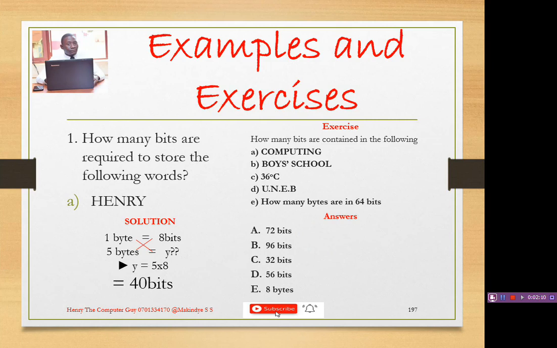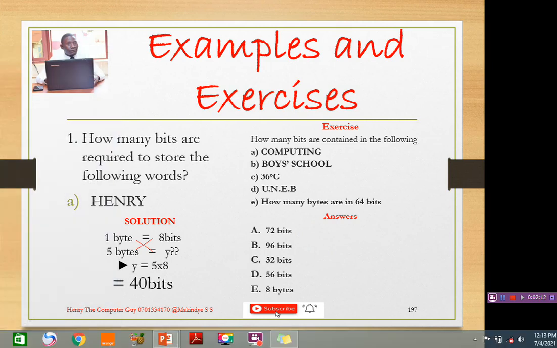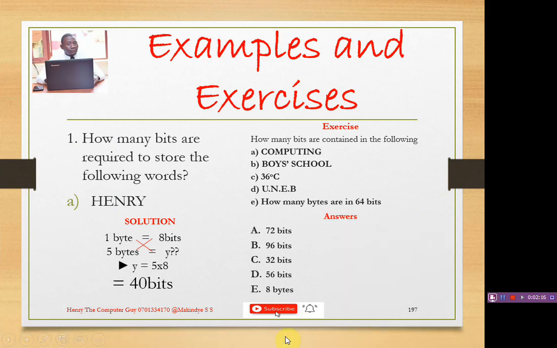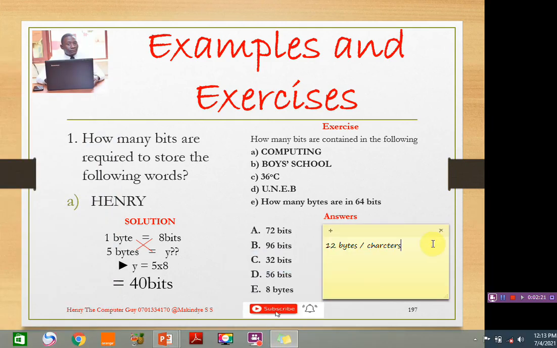For example, I look for a sticky note to write something aside while you're watching. Let me just remove this. So we begin with the first one, computing. How many bytes are these?